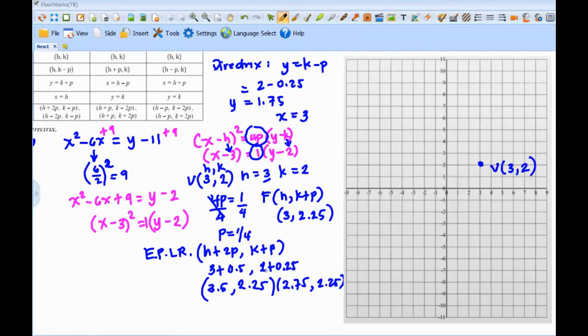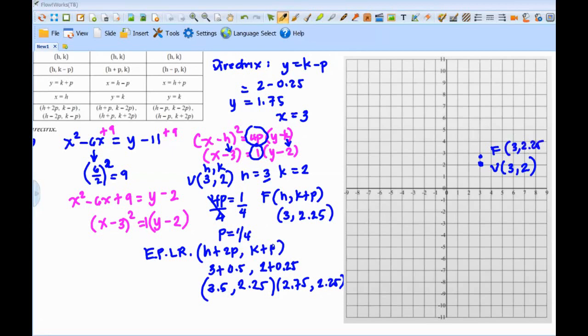Now we have the focus at 3 and 2.25. It's here. That is the focus. It opens upward.